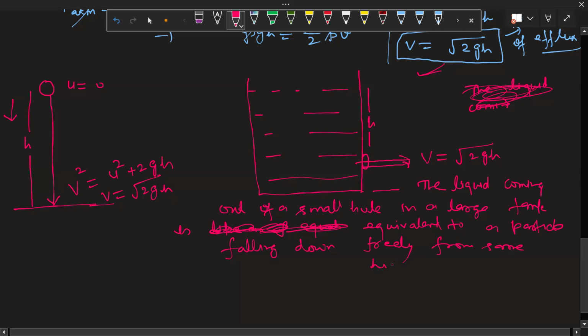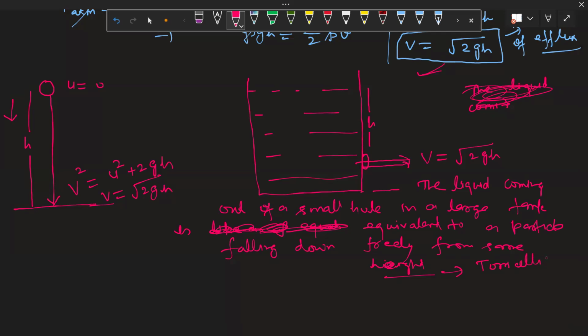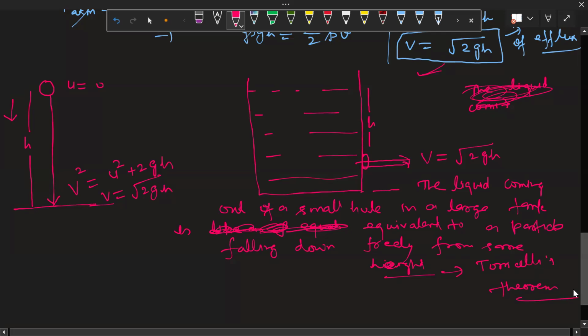They both will have the same velocity. This is called Torricelli's theorem. Please write this statement, Neil, and compare by these two diagrams.